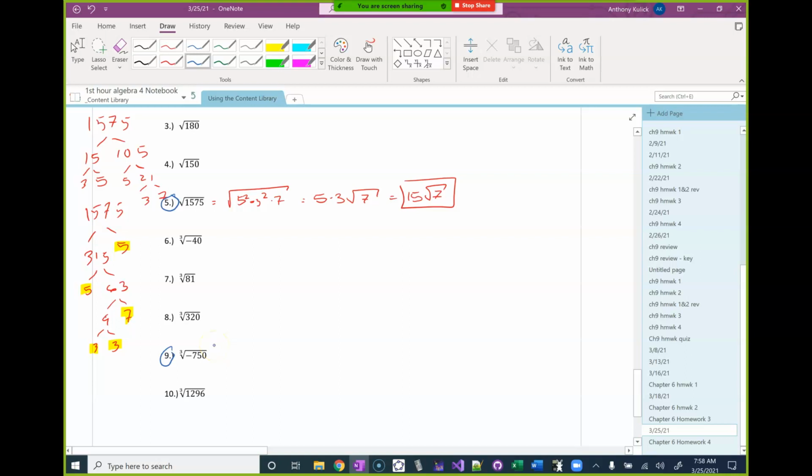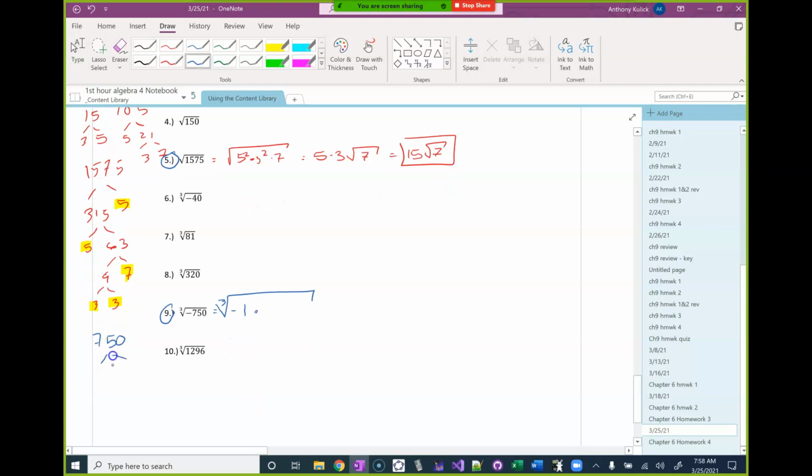All right, so cube root of negative 750. I'm going to do the same thing. I'm going to do a prime factorization. So already I know I'm just going to be taking out that -1. Okay with that, so I'm just going to worry about the prime factorization for the 750.